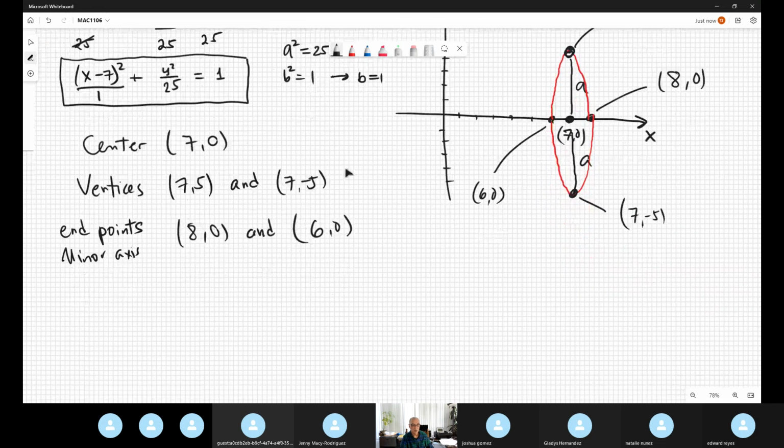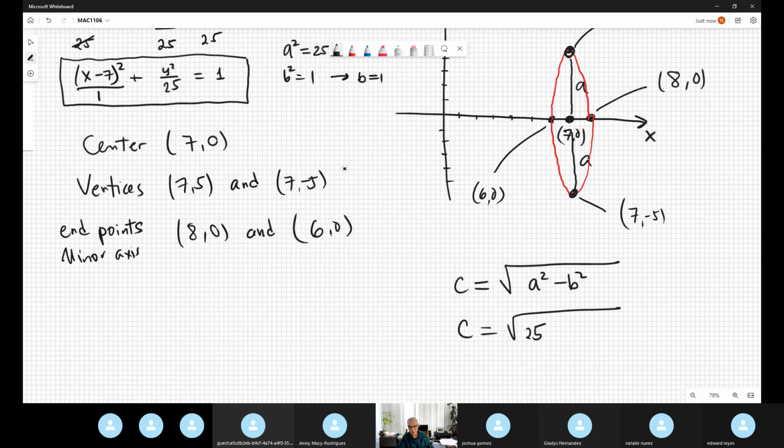And finally, the foci. I need to find c; for the ellipse, the equation is different. It's like that, a squared minus b squared. So c is the square root of a squared, that is 25, no? 25, a is 5. So a squared 25 minus 1, that is 24. It's square root 24.